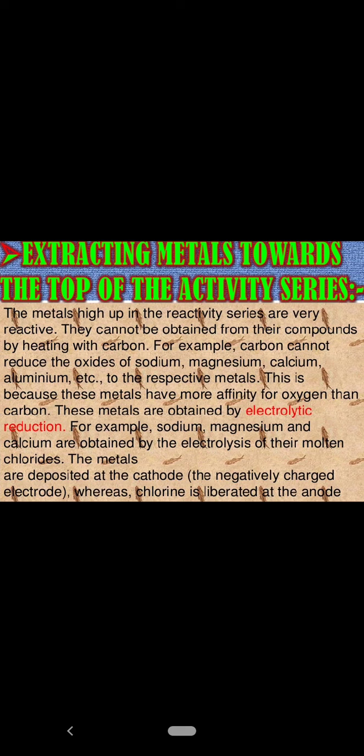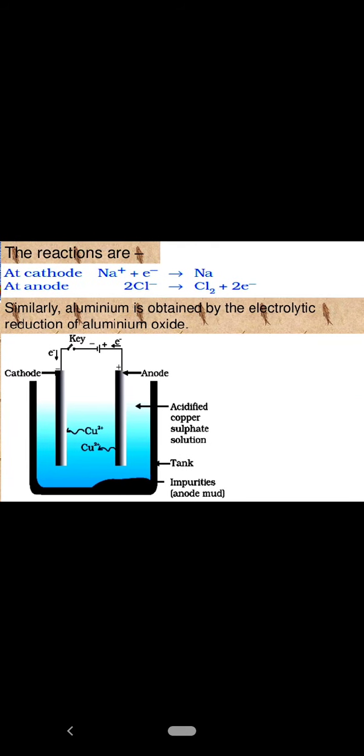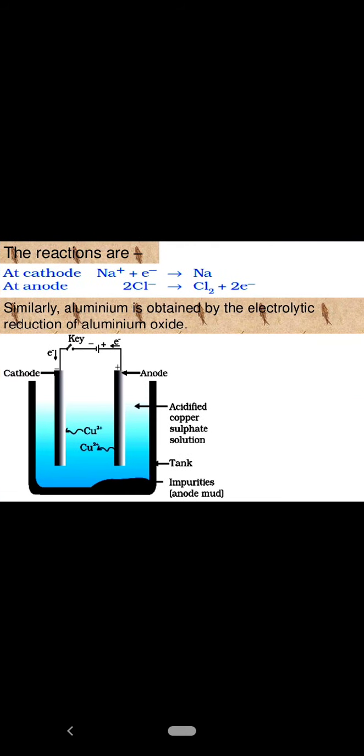At the cathode, sodium ion plus one electron gives sodium, while at the anode, chloride ions give up electrons to form chlorine. Similarly, aluminium is obtained by the electrolytic reduction of aluminium oxide.